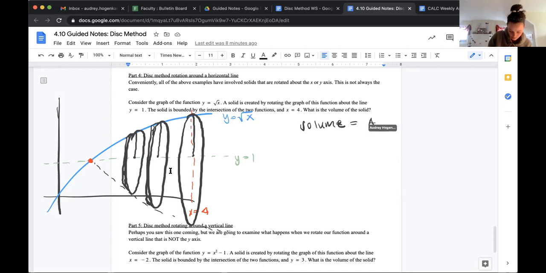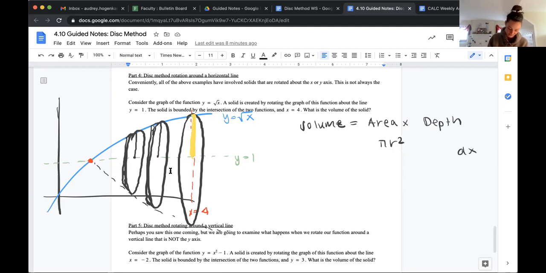So volume equals area times depth. We're in terms of x, so depth is dx. Area is going to be pi r squared still. But now radius is a little bit trickier because it's not just our function minus the axis to get 0. Now it's going to be top minus bottom, because we can see that our top function is y equals square root of x and our bottom function is y equals 1.